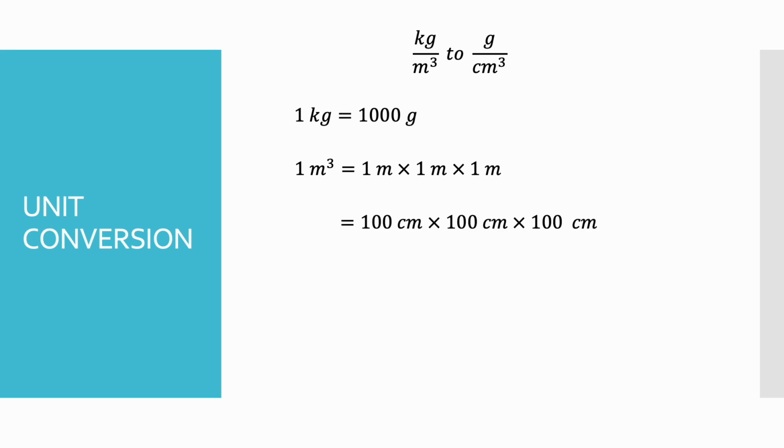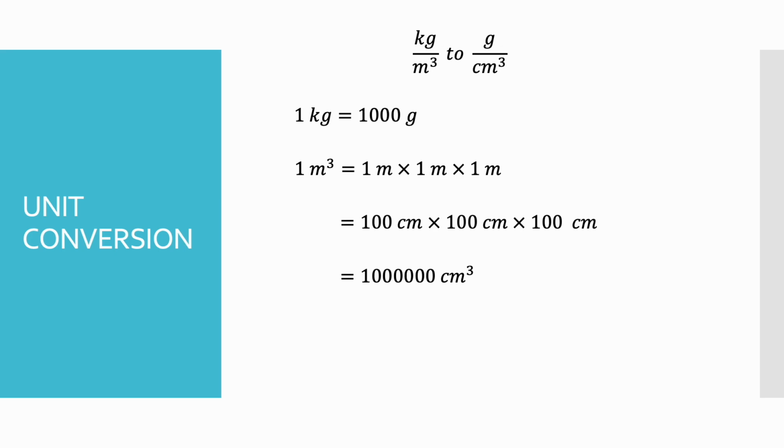Let's learn how to convert between these two systems. We start with some basic conversions. 1 kilogram is 1000 grams. 1 cubic meter is 100 multiplied by 100 multiplied by 100 centimeters. So this would be 10 raised to 6 centimeter cube.